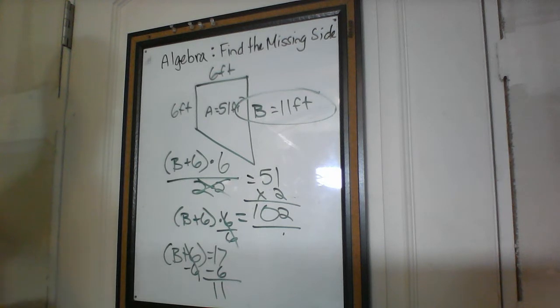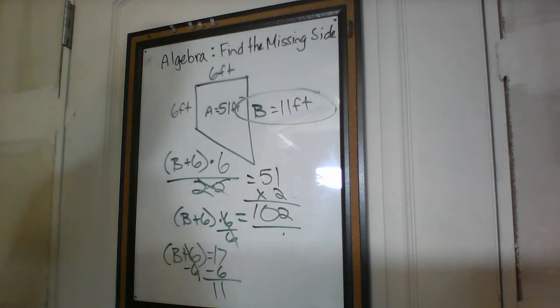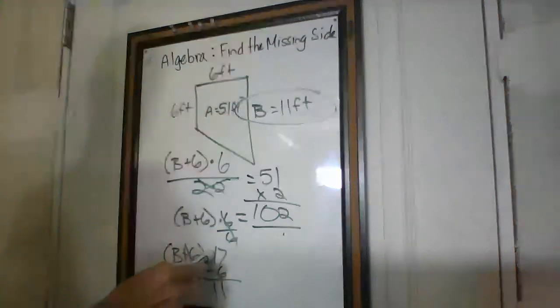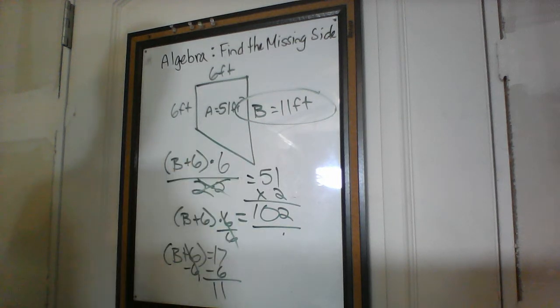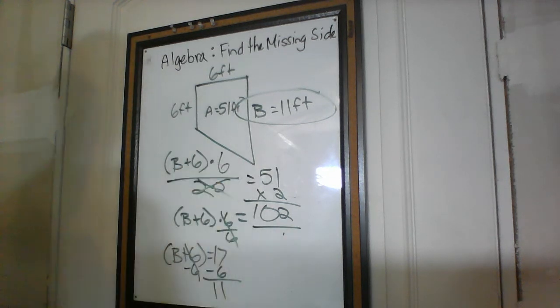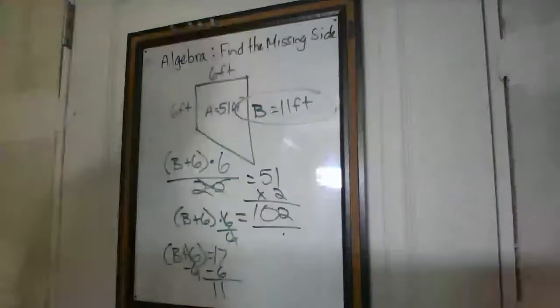And if it doesn't, go back, look at it, and figure it out. Again, we can always check our work by going back in. So if we know we have 11 and 6, there's 17. 17 times 6 is going to get you to 102, and you divide that by 2, and you get to your 51, and it does work.